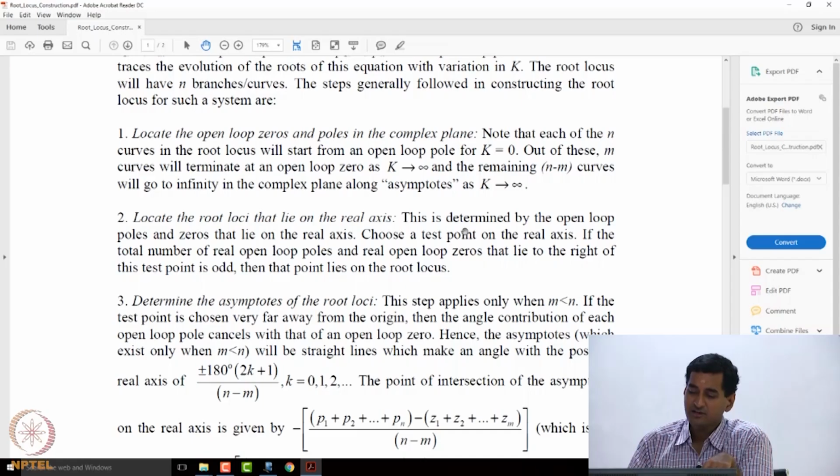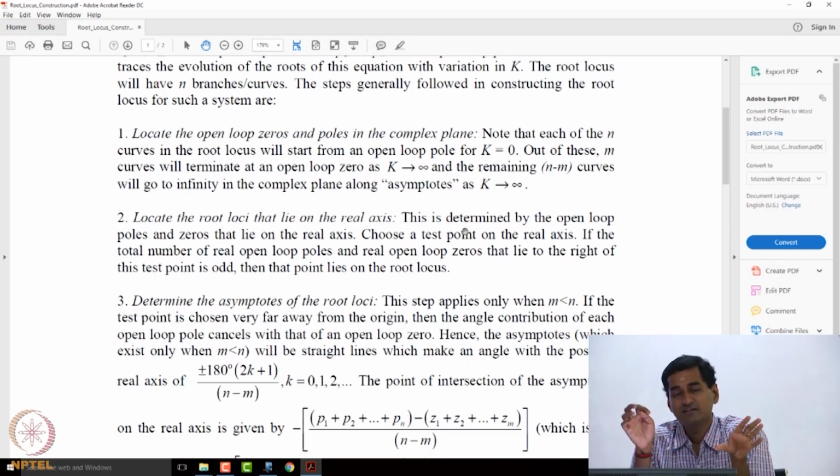Now, locating the portion of the root loci that lie on the real axis, obviously this step is going to change, because if you recall how we constructed this step, it depended on the angle condition. Previously, in order to get an odd multiple of pi, we looked at a test point on the real axis and then looked to the right of the test point.